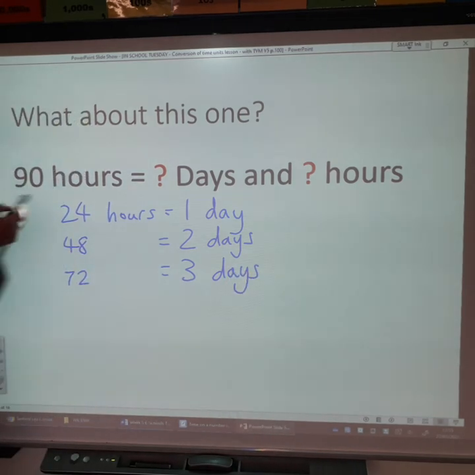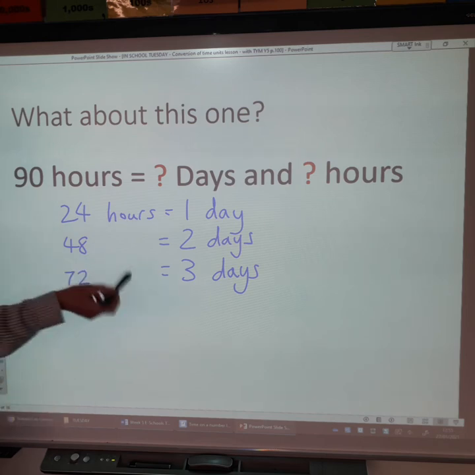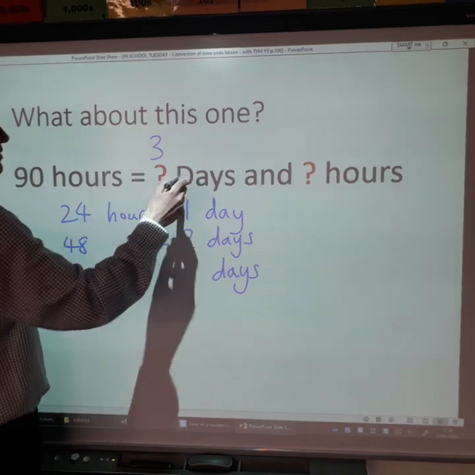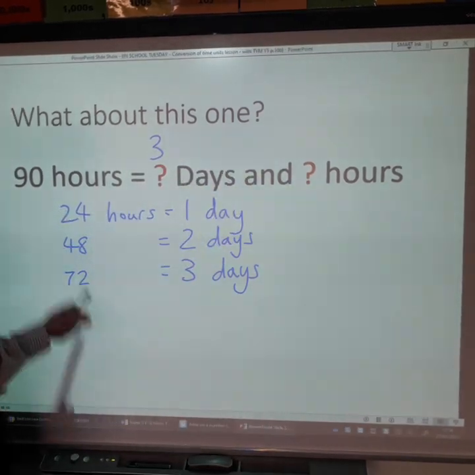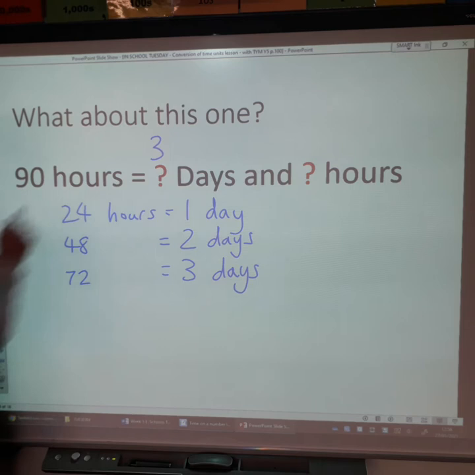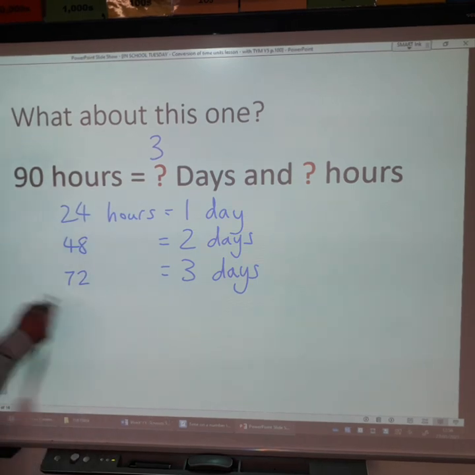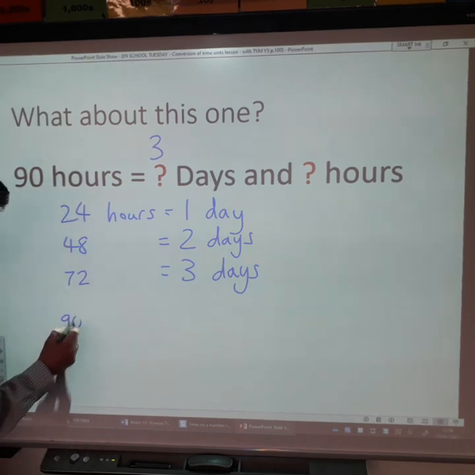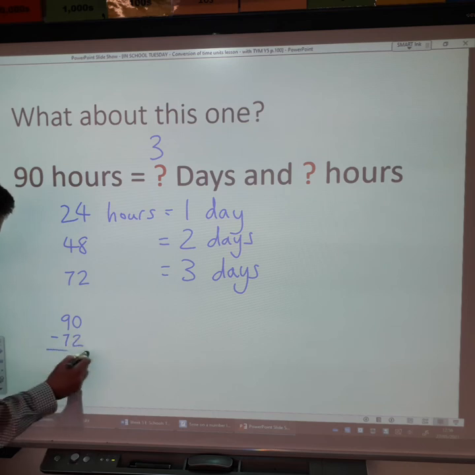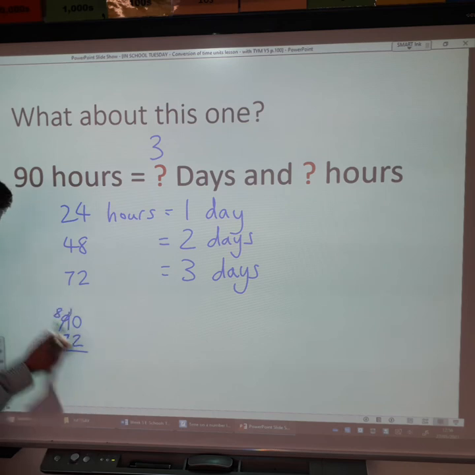Now, if I added another 24 onto there, that would take me past 90. So I don't want to do that now. So I know that it's going to have 3 days in the answer, but now I've just got to work out the difference between the two to find out how many hours there are. So to find the difference, remember it's always a takeaway. Now you might be able to do this in your head and that's fine, or you could do a little bit in method.